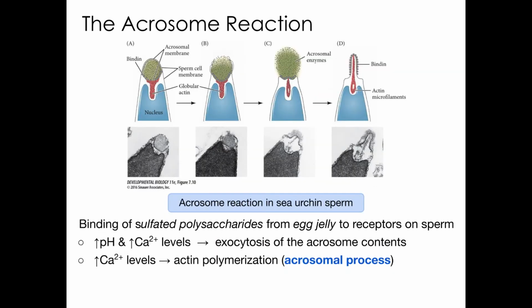The sulfated polysaccharides trigger exocytosis of the acrosomal vesicle because their binding to their receptors leads to changes in calcium concentration in the sperm cytoplasm. The activation of the receptor leads to the opening of different transport proteins in the plasma membrane and to the activation of different enzymes.